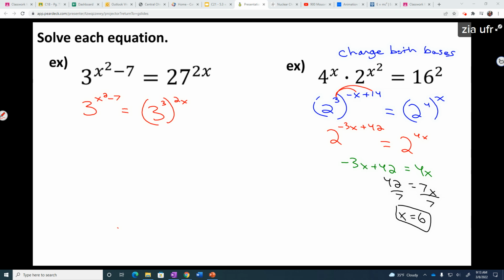Alright? So then we're going to multiply these exponents here. 3 to the x squared minus 7 will stay as is. We've got to do 3 times 2x, which is 3 to the 6x. Now we can set them equal to each other. X squared minus 7 equals 6x.